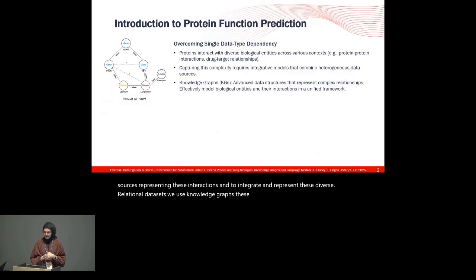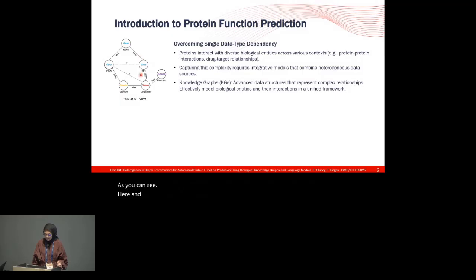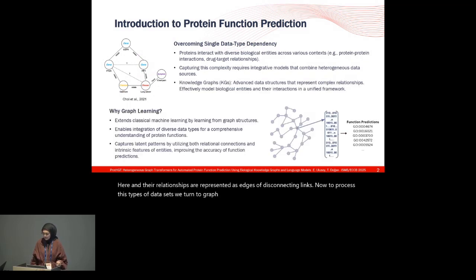These are advanced data structures where entities are represented as nodes, as you can see here, and their relationships are represented as edges, these connecting links. Now, to process these types of data sets, we turn to graph learning. Unlike classical machine learning, this enables models to learn directly from graph structures.